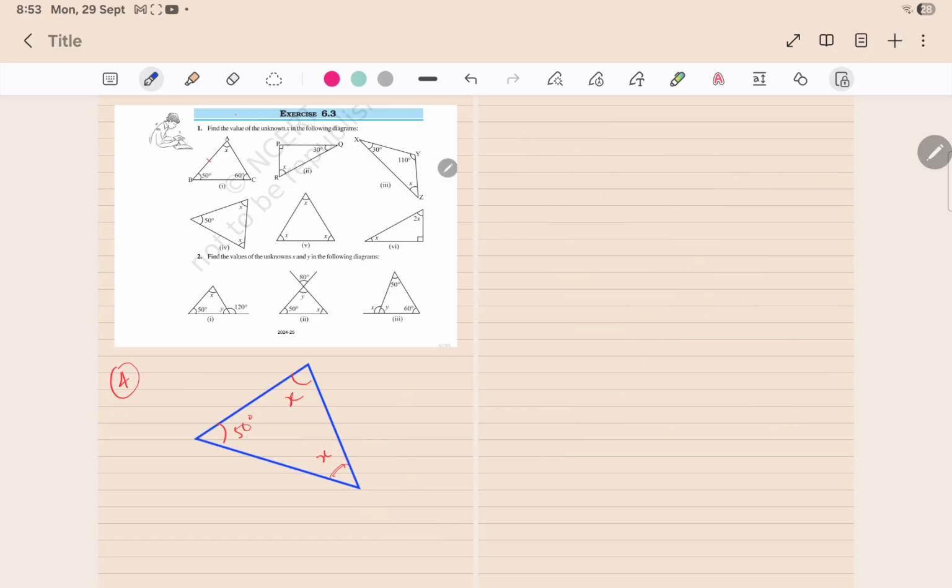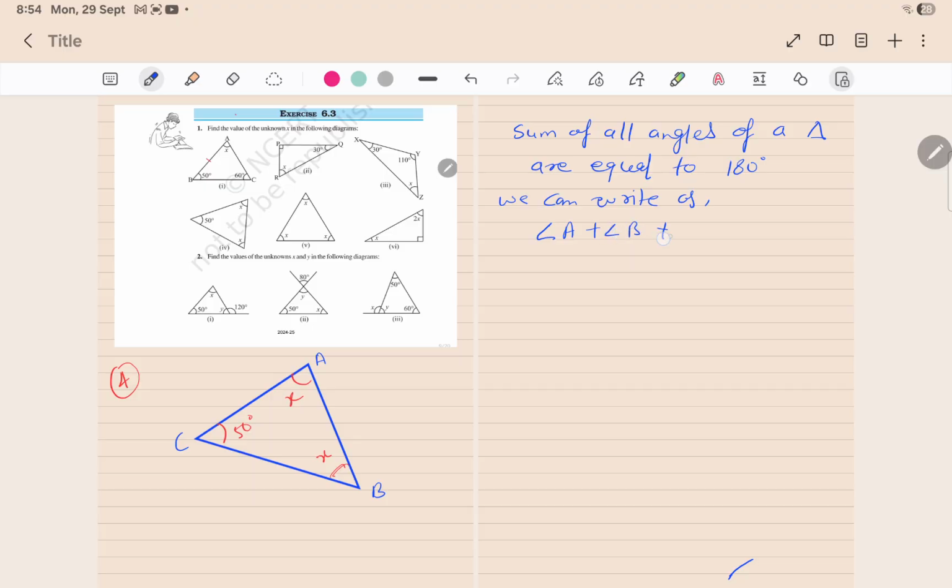It is just like the previous question. The sum of all angles of a triangle is equal to 180 degrees. The angle names are not given, so we can write ABC, angle A plus angle B plus angle C equal to 180 degrees.